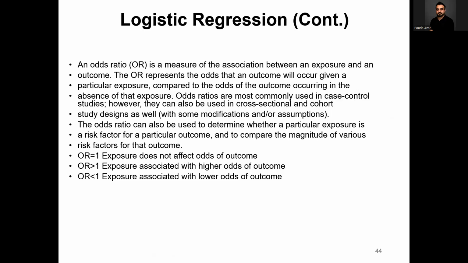So if odds ratio equals 1, then we say exposure does not affect odds of outcome. If odds ratio is above 1, we say exposure is associated with higher odds of outcome. And if odds ratio is less than 1, we can say exposure is associated with lower odds of outcome.